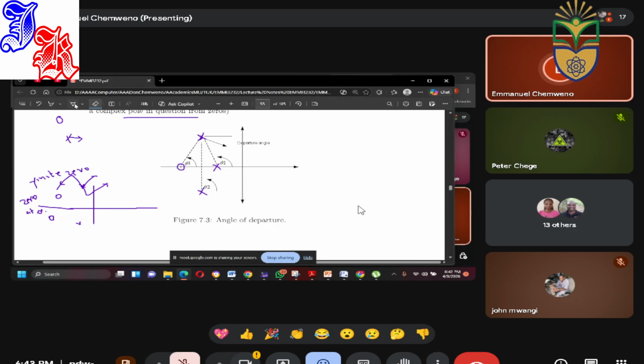What you'll do is draw lines from the poles to the pole in question. So you're interested in this P. Another one to this, and from the zero to this. So this forms an angle theta 1 and theta 2.